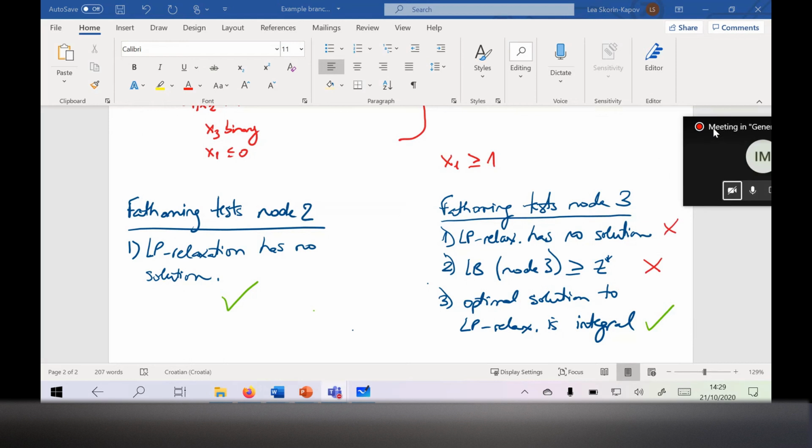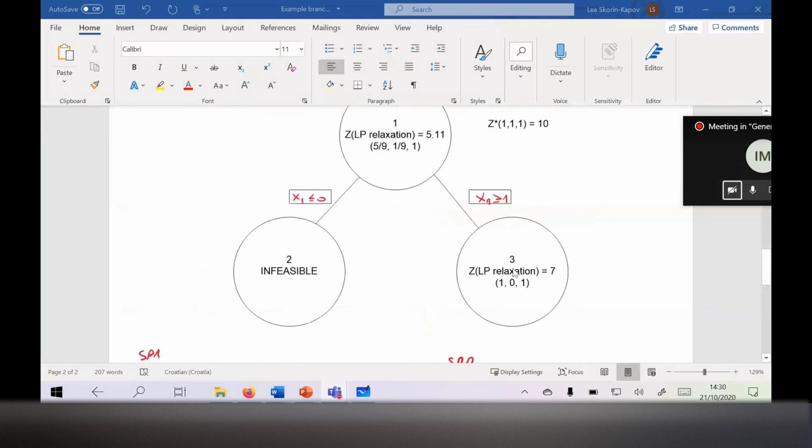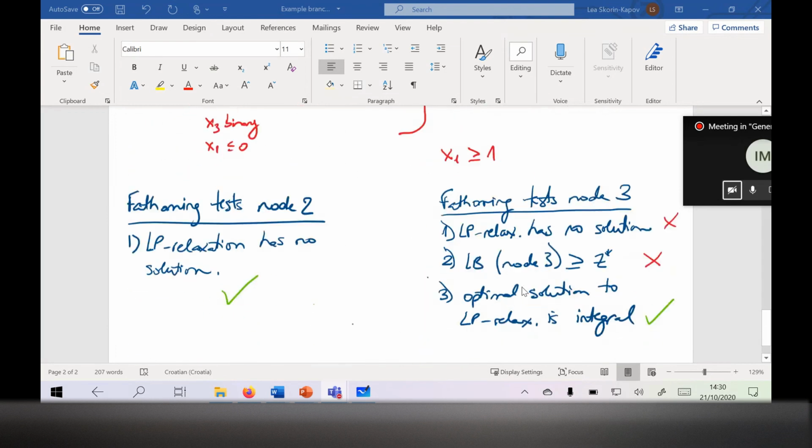If we look at node 3, does the LP relaxation have a solution? Yes, it does, and it's shown over here. The LP relaxation to node 3 is 7, with values of x1, x2, x3 of 1, 0, and 1.